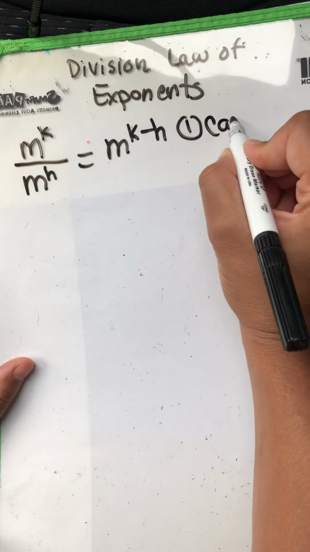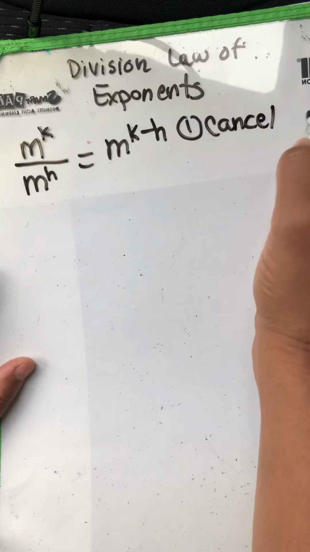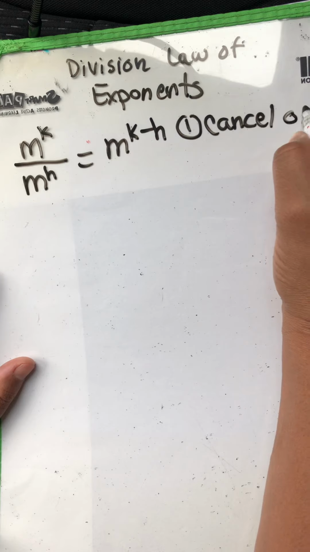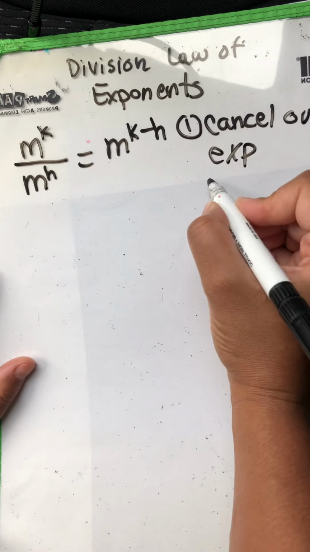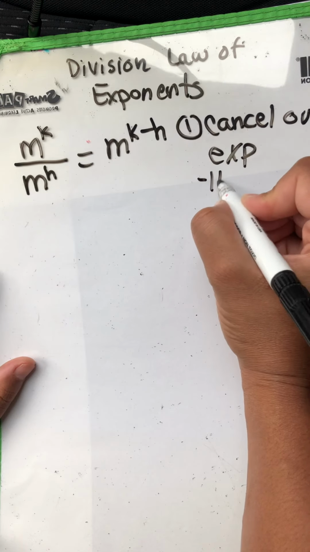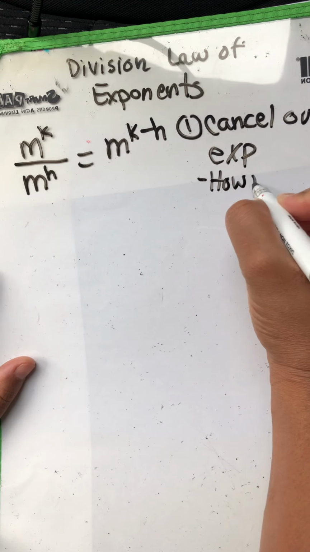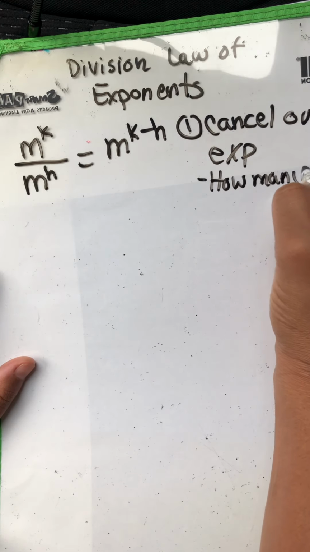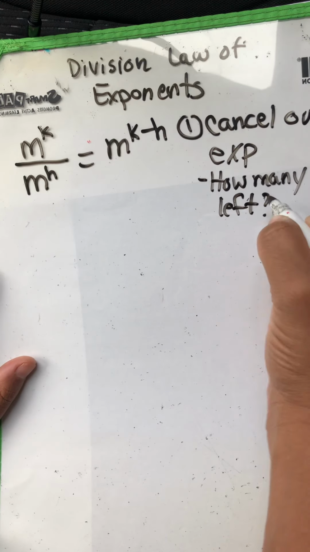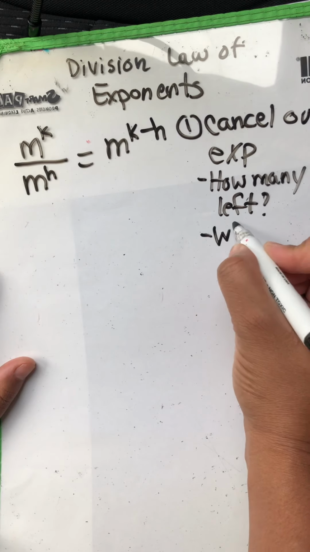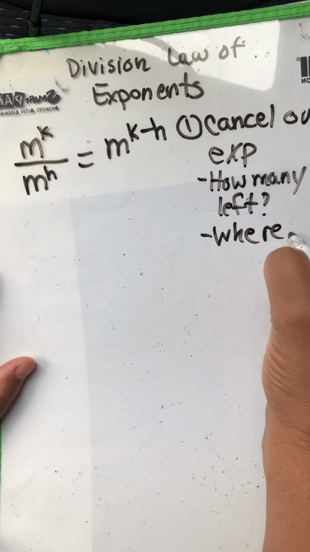If you're going to cancel out your exponents, I want to know two questions. How many are left? And second question, which a lot of people forget to do, is where? Where are those extras left?